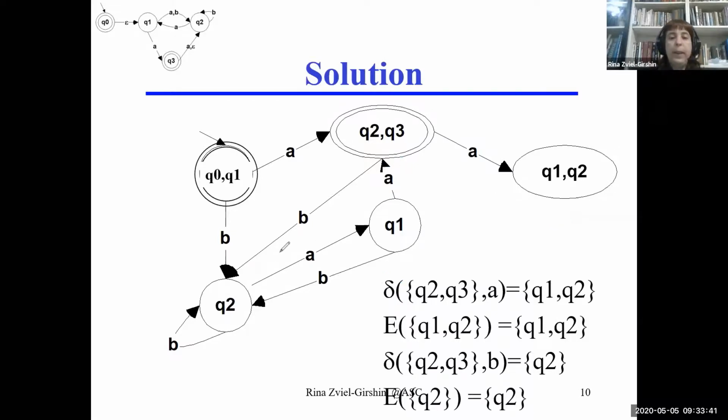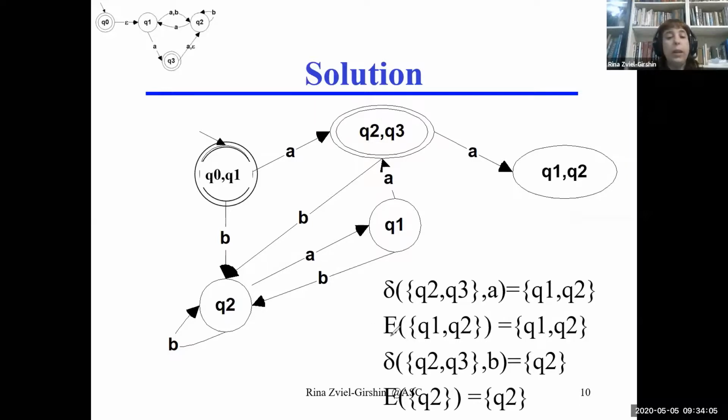So basically, for Q2 and A, I know that I go to Q1. Let's see where I can go for Q3 and A. I can use A and go to Q2. So I definitely have Q2, Q3 on A going to Q1, Q2.